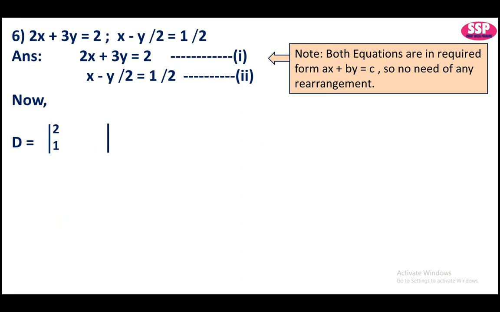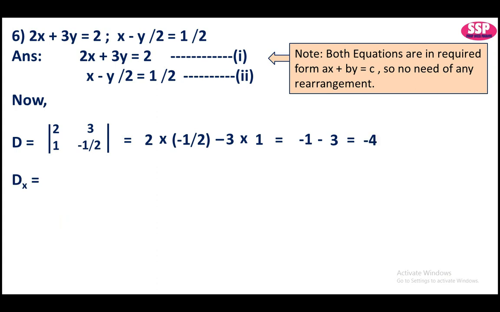D is equal to, take the coefficient of x and y, we get like this, is equal to 2 into minus half minus 3 multiplied by 1 is equal to, here 2 multiplied by minus half, it gives minus 1 minus 3 is equal to minus 4.